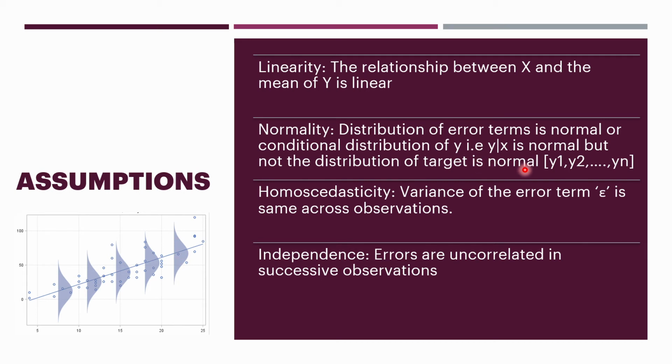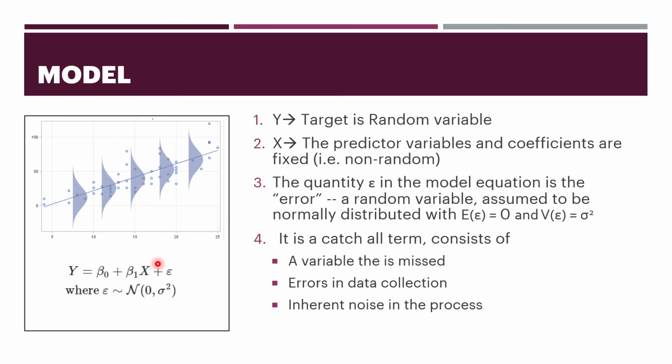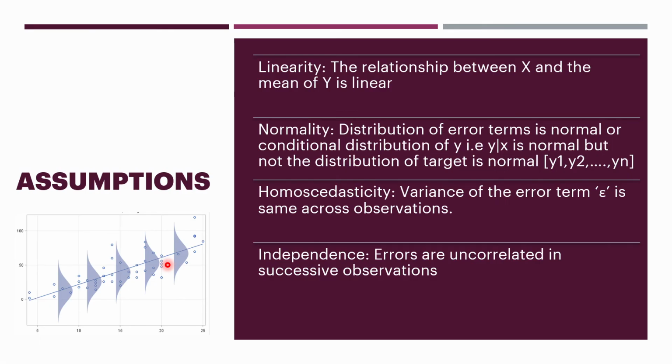That also means the variance of the conditional distribution of y is the same, since epsilon is a random variable with a normal distribution, so y also has to be a random variable with a normal distribution with variance sigma square, because there is no other random term and everything else is fixed. So y totally follows the pattern which epsilon follows.